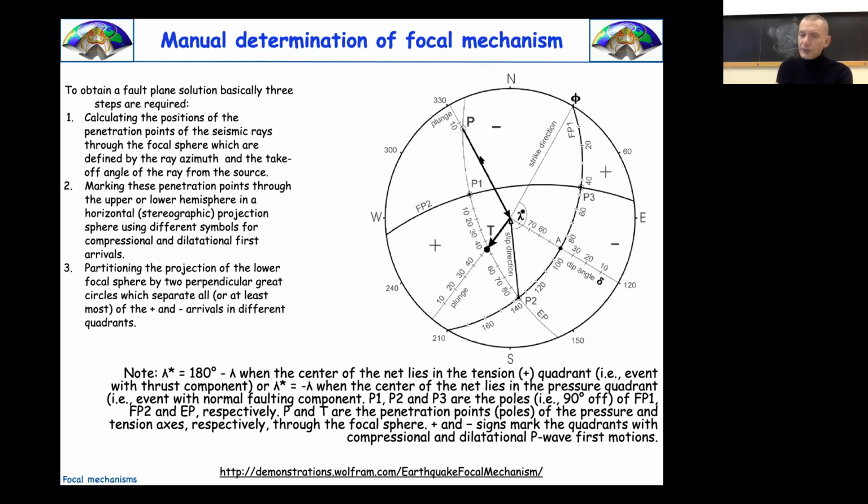Now that's a little bit more tricky, because we know that the axis of T will be traction for the source, right? Traction for the source means that for the receiver, it will be a push. Pressure for the source means this. For the receiver, it will be a pull. So actually, the T and P dots have to be in the black zone and in the white zone, respectively.